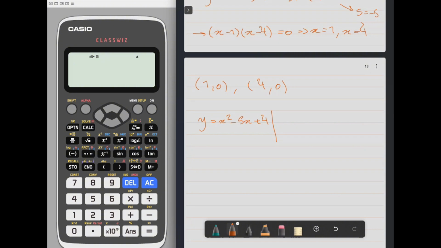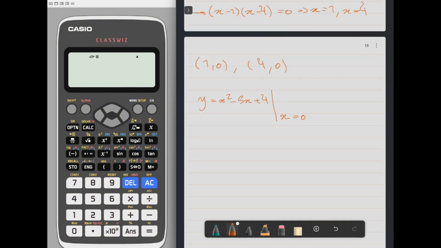For y-intercept, you're just going to put x equal to 0. And if I put x equal to 0, y is going to be equal to 0 squared, which is 0, minus 5 times 0, which is 0 again, plus 4, which is going to be 4. So another coordinate that I have is going to be (0, 4).